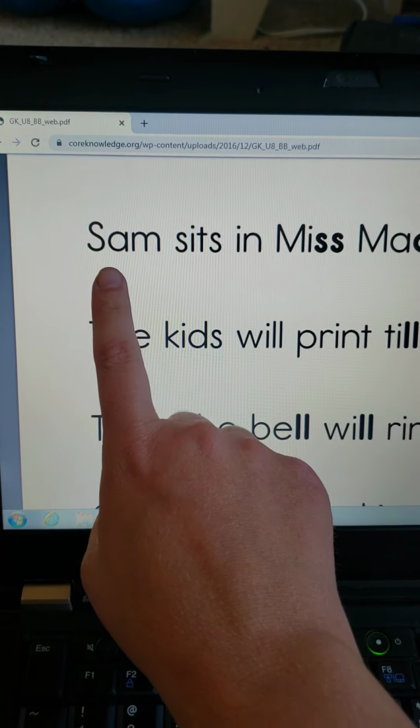Okay. Sam sits in Miss Mac's class. The kids will print till class ends. Then the bell will ring. I hope this isn't too blurry on my camera.